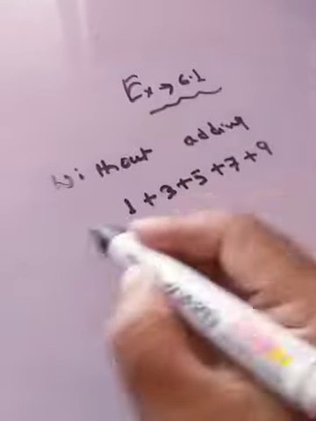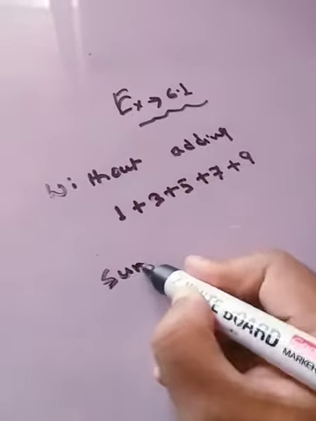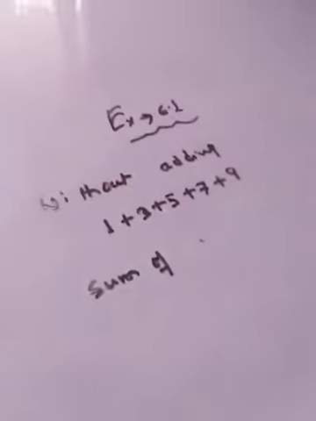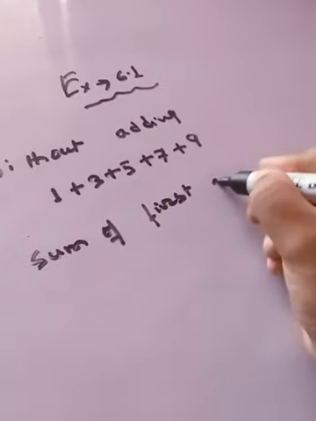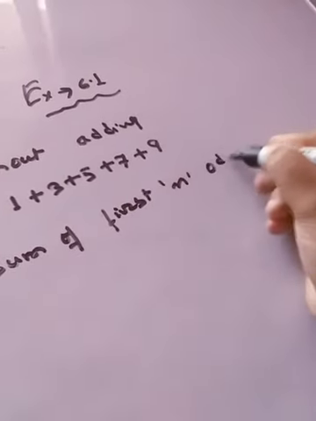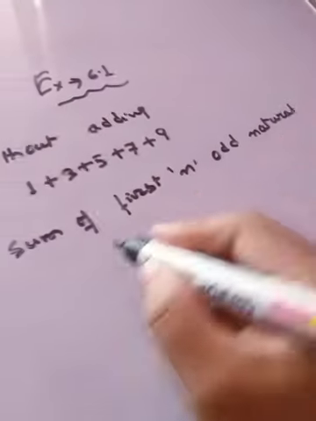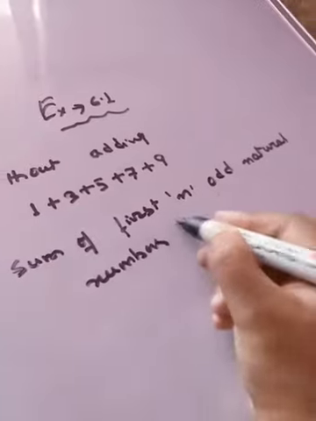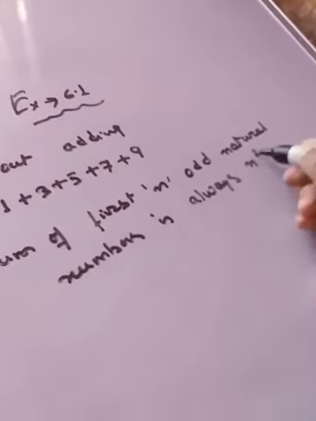Now before we start, you have to know that the sum of the first n odd natural numbers is always n square.